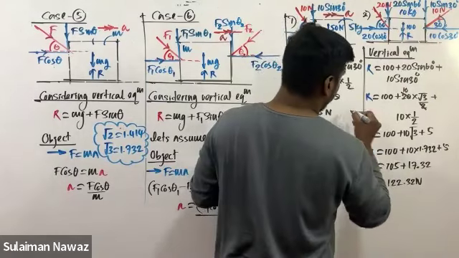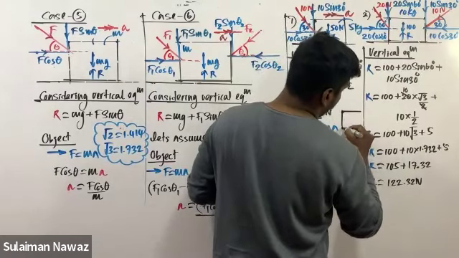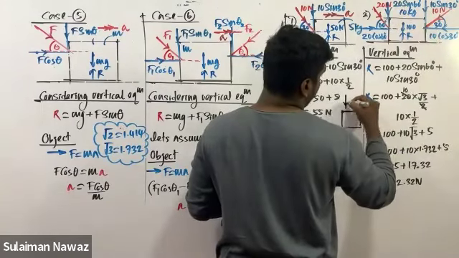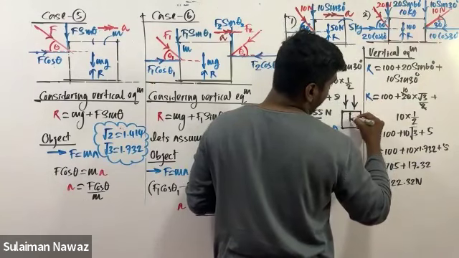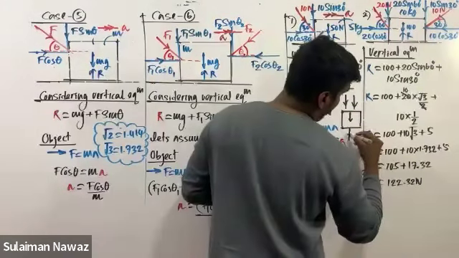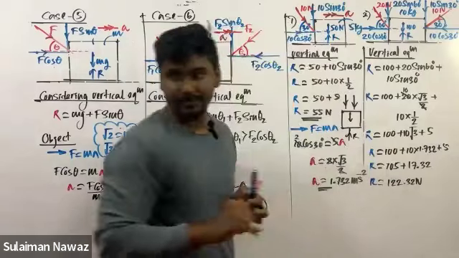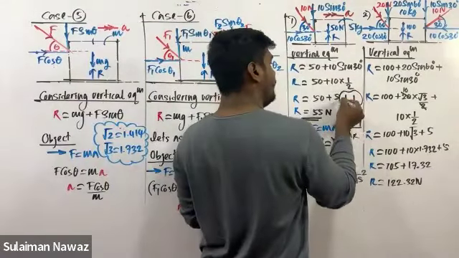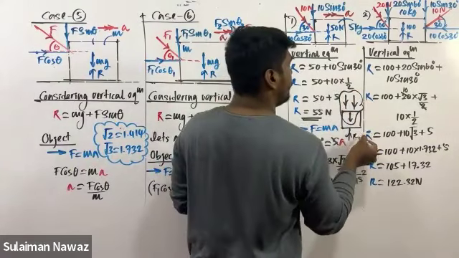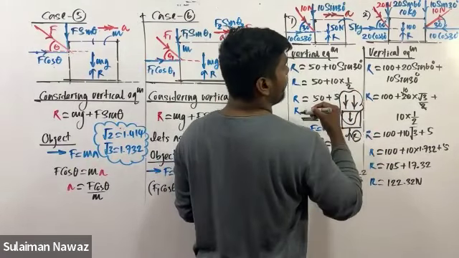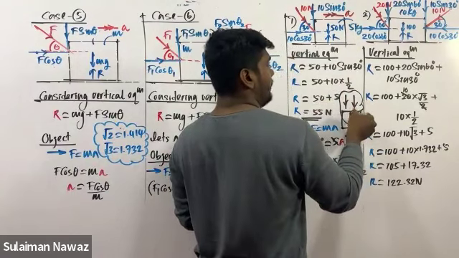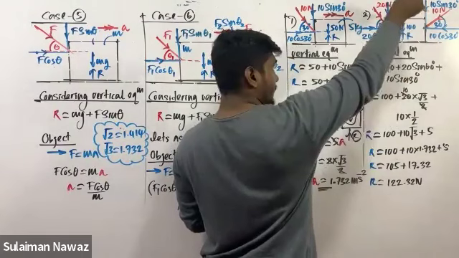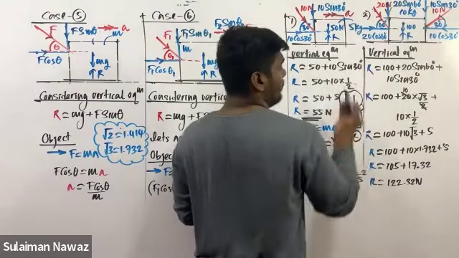If you consider vertical equilibrium, these two forces and the weight are acting downwards, only R is acting upwards. Then the addition of all the downward forces must be equal to the upward force R: weight 100, 20 sin 60, 10 sin 30, adding them equals R.